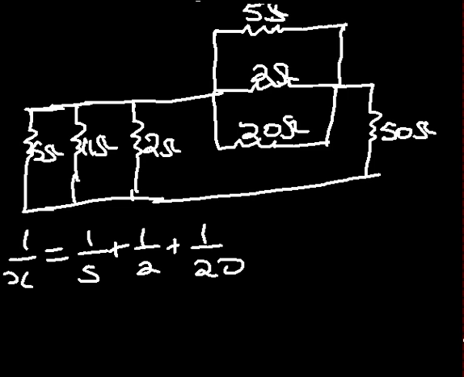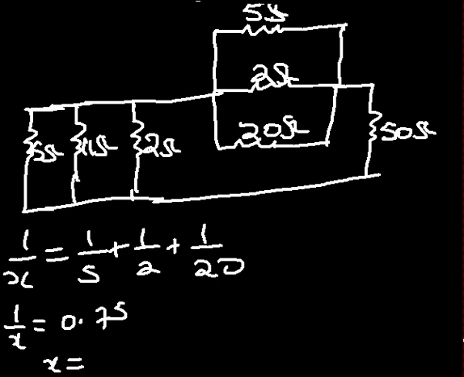What is that one? So 1 over 5 plus 1 over 2 plus 1 over 20 is equal to 0.75. So 1 over x is equal to 0.75.